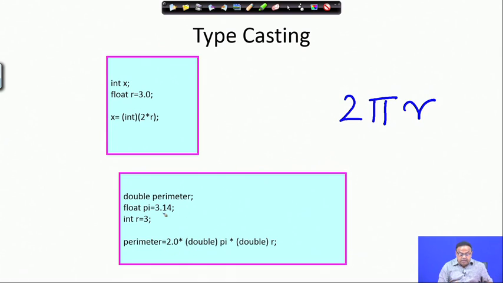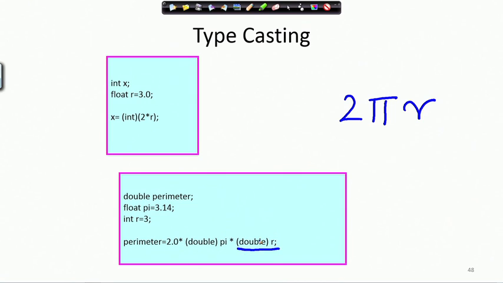Now, perimeter is double. So, I want to have perimeter with a larger accuracy. Therefore, I first make r to be double, I typecast this integer to a double type, I typecast this float to a double type, then I multiply and get the perimeter. Okay.